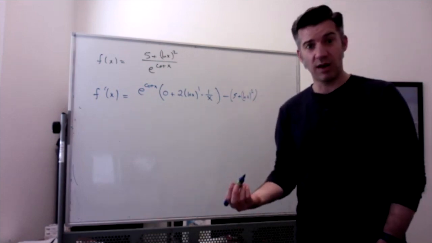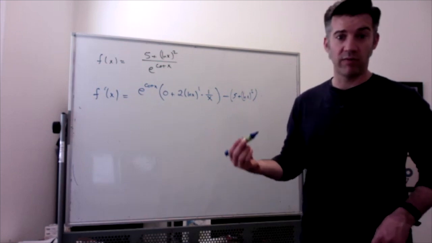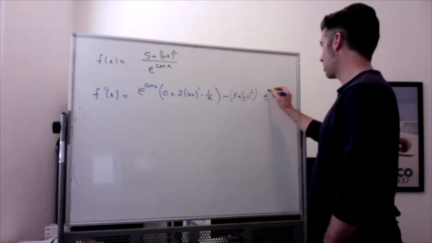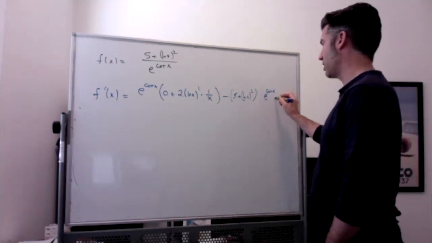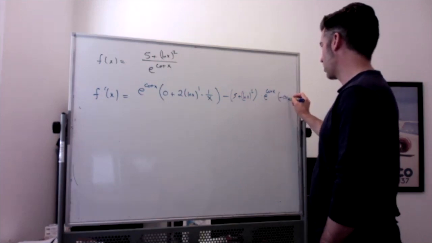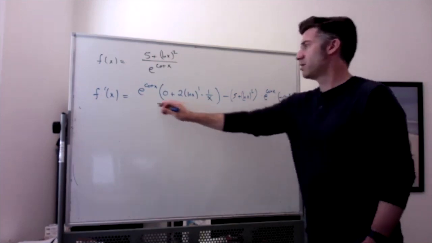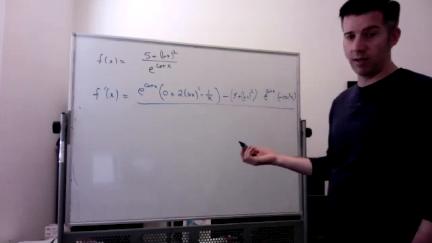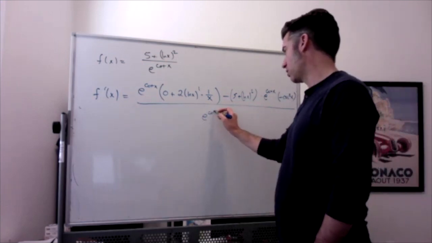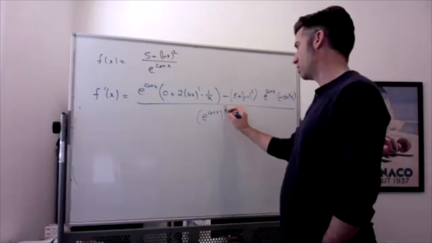The derivative of e to the stuff is e to the stuff times the derivative of the stuff. So it's e to the cotangent of x times negative cosecant squared x, divided by the denominator squared. So e to the cotangent x quantity squared.